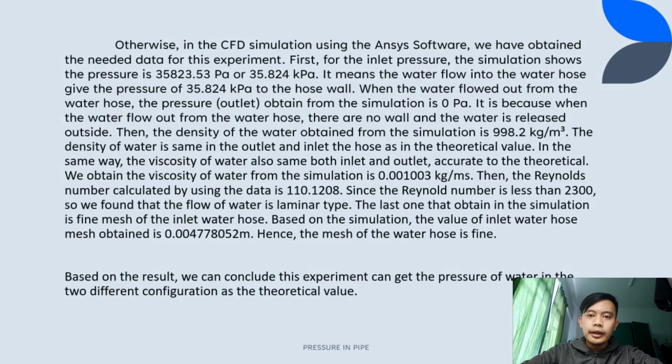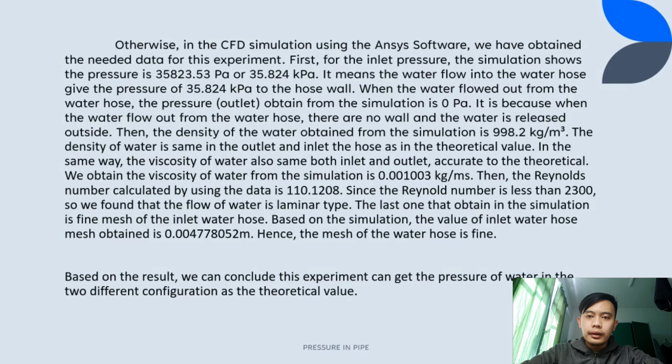Then the other data is the Reynolds number, which we calculated using all of the data needed, and the number we got is 110.1208. Since the Reynolds number is less than 2300, we found that the flow of water is laminar. The last one obtained in the simulation is the fine mesh of the inlet water hose.